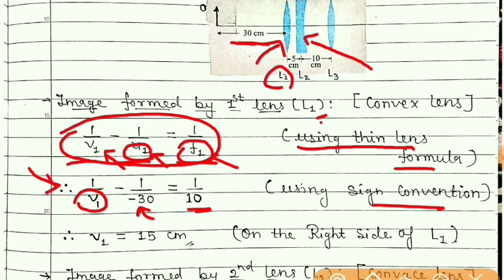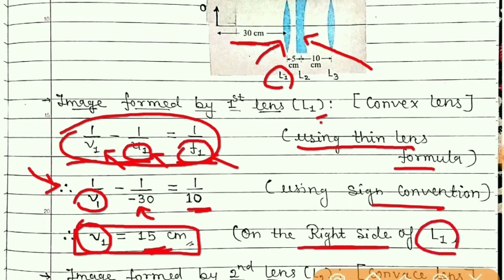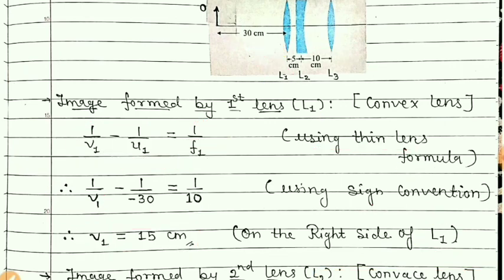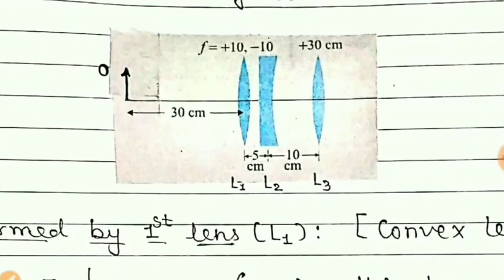After calculating you will get V1 is equal to 15 centimeter. As this V1 is obtained as positive, so definitely this distance will be towards the right side of lens L1. So now students, from this lens the image is 15 centimeter.